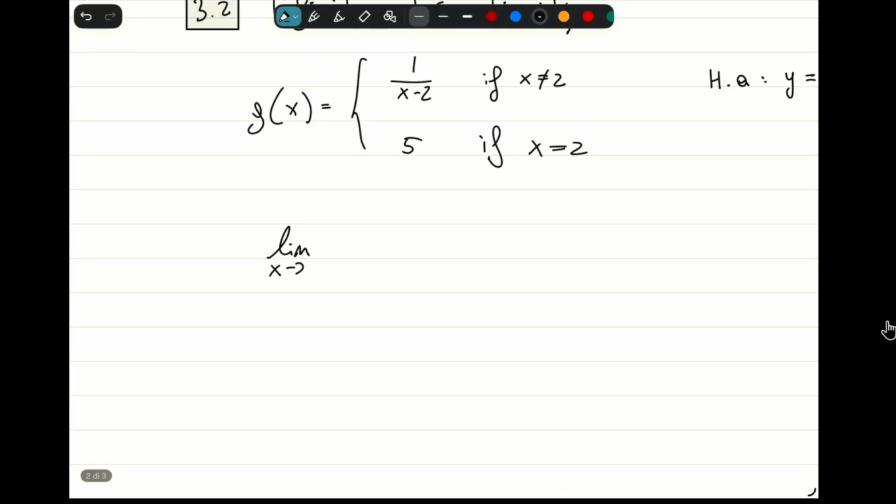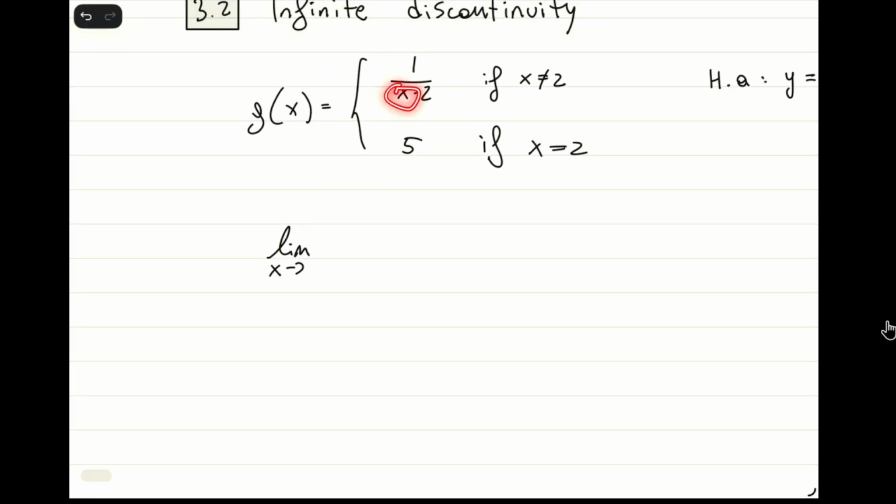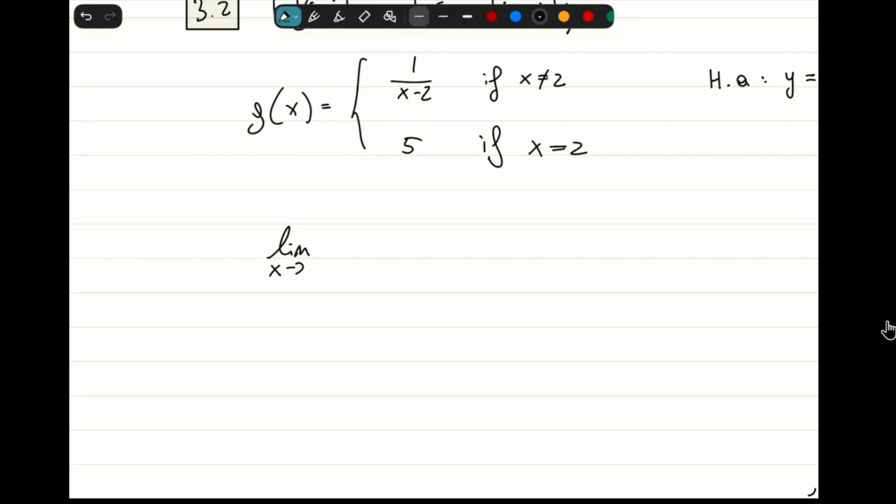Try to plug x equals 2 in here. Make sure it doesn't come out to be 5, because otherwise they might be playing tricks on you. But again, if they asked you if the function is not continuous, you could most likely say yes right here without any need of doing any analysis. I'm just showing you how you would have to do it to prove why you're saying this is not continuous.